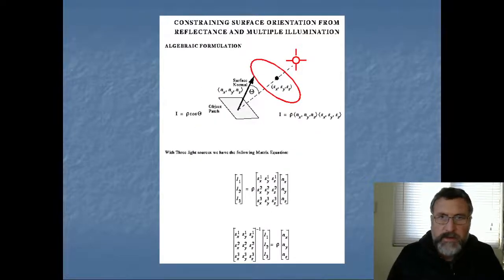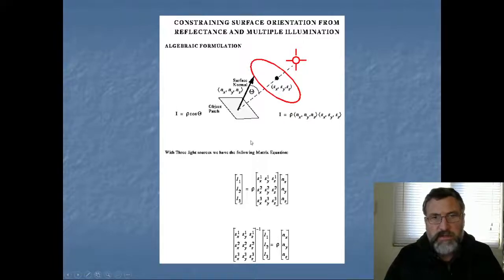This is the maths behind it, the algebraic formulation. It's a dot product of the vector of the surface normal and the lighting vector that we use to work this out. The intensities of the three lights are here.